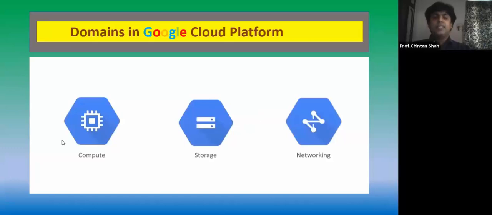These are the three main core domains which Google Cloud Platform provides: compute, storage, and networking. In the next slide, we are going to see each one of them in detail, along with what services each one of them provides.